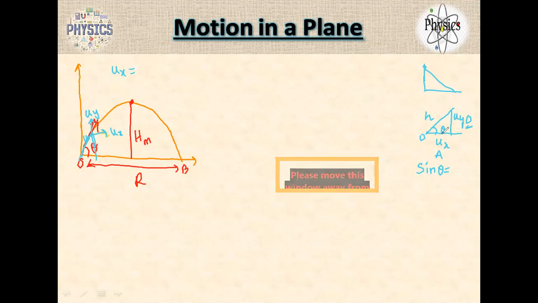Whichever side is close to theta, we call the adjacent side. You know the hypotenuse, right? Is it clear? So this is the hypotenuse, this is the opposite side, and this is the adjacent side. Now sine theta is equal to the opposite side by the hypotenuse.